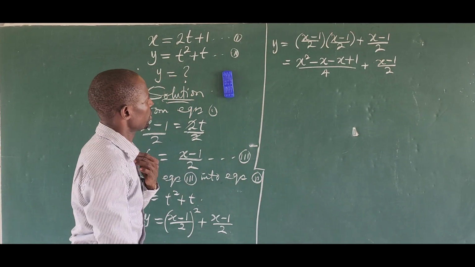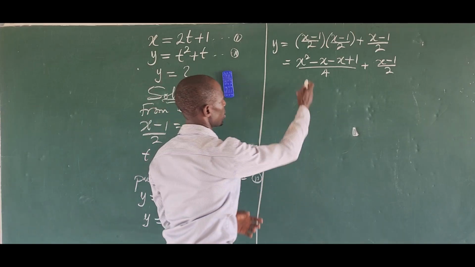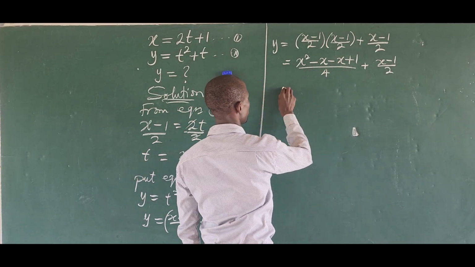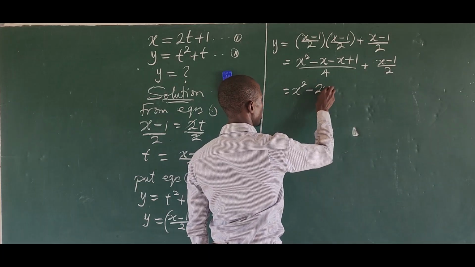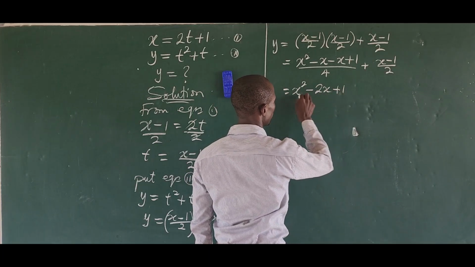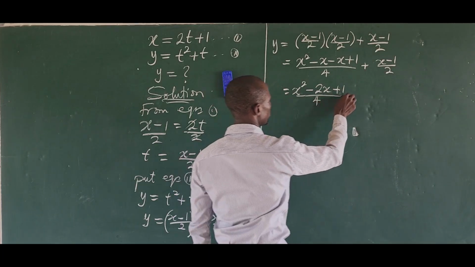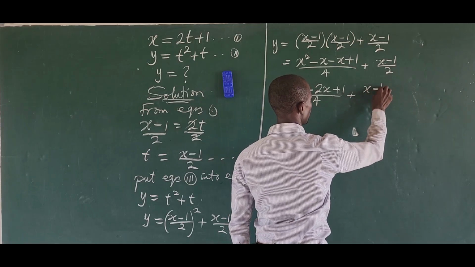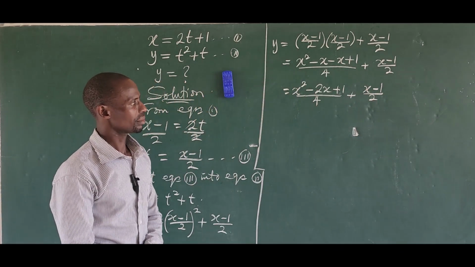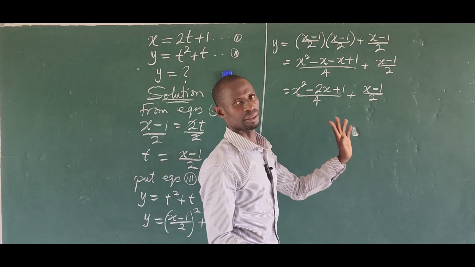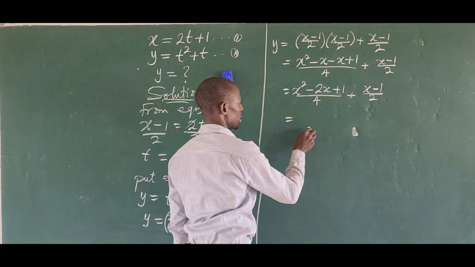Easy. What we do next is we just have to add this together. This gives us x to the power of 2 minus 2x, then plus 1 all over 4, then plus x minus 1 all over 2. We can strike a common denominator from here, right? That is 4.